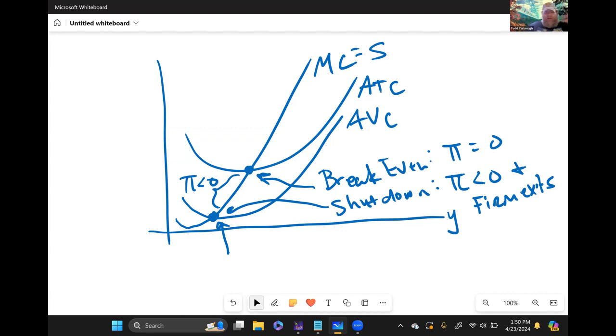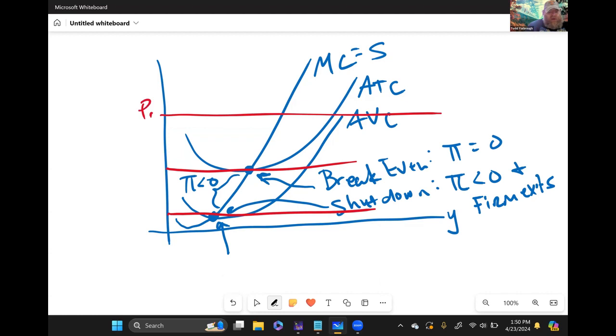Now, what do we mean by that? What we mean is that you're going to have market prices. So there could be a market price, and there could be a market price, and there could be a market price. So P1, P2, P3. First off, you should notice that as market price declines, the firm would naturally choose to produce less.